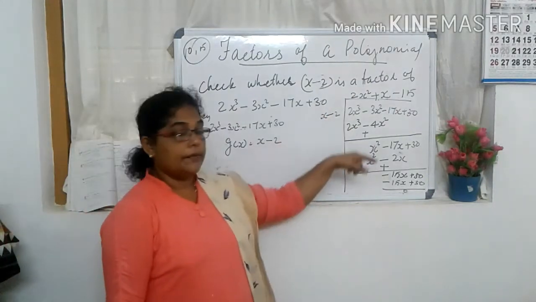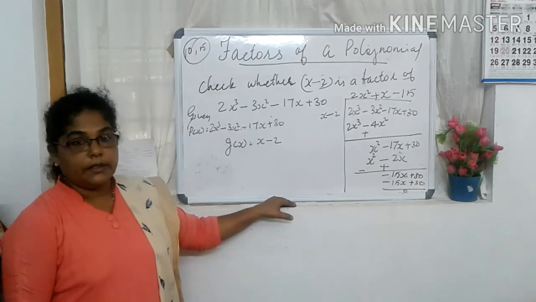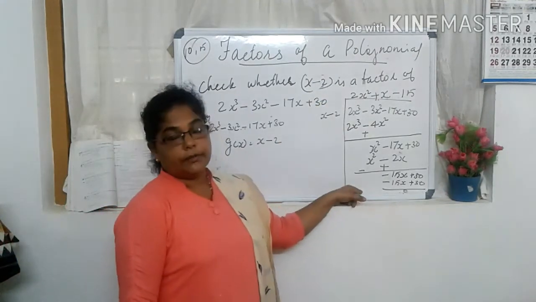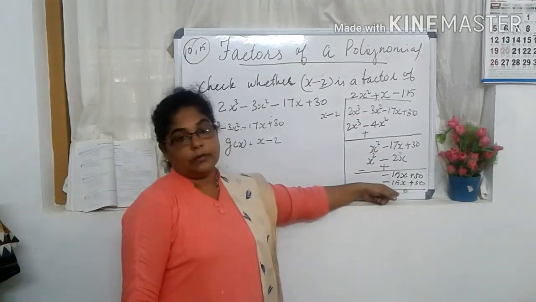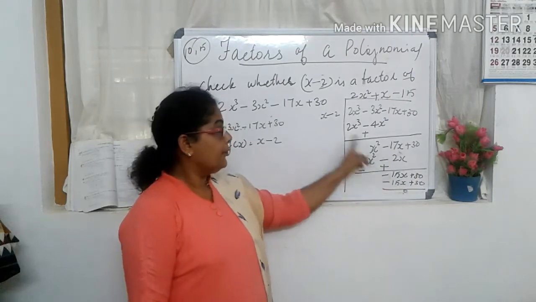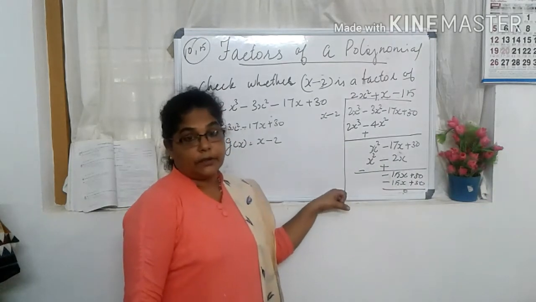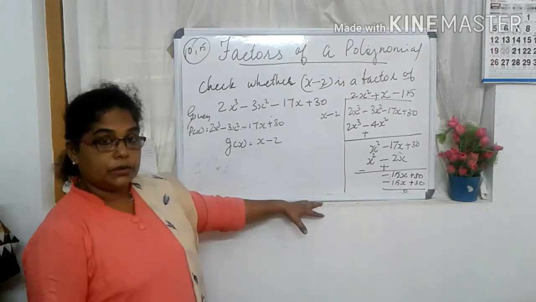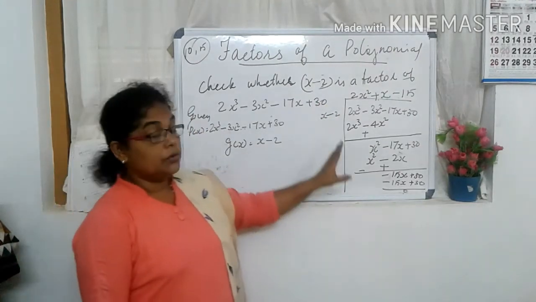We are doing the long division method. We learned it already in the previous classes. After doing the long division method, check the remainder. What's the remainder? We are getting the remainder 0. It means x minus 2 is a factor of the given p of x. Now you have to do it. Don't copy directly.